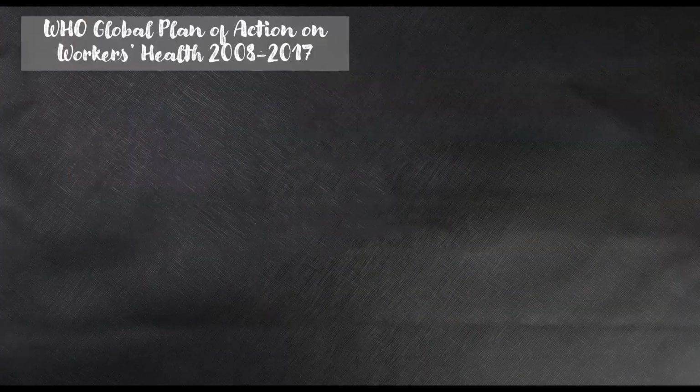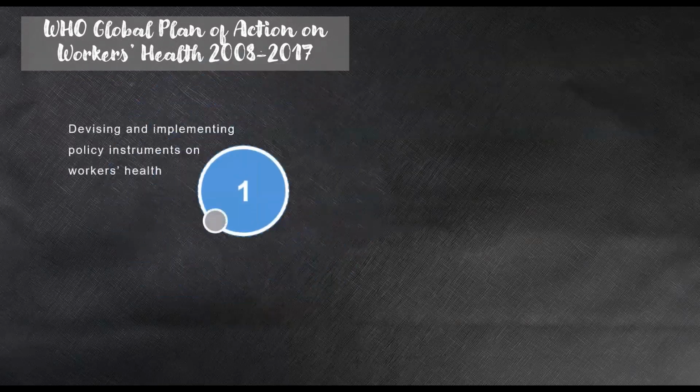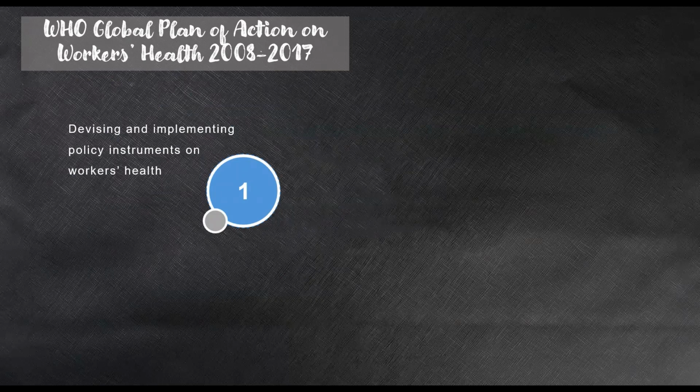Now, the recent move of WHO when it comes to occupational health is the implementation of the Global Plan of Action on Workers' Health for the years 2008 to 2017 with the following objectives. First is devising and implementing policy instruments on workers' health. Policy instruments, class, are policy designs or techniques that government authorities use when they are trying to resolve issues.